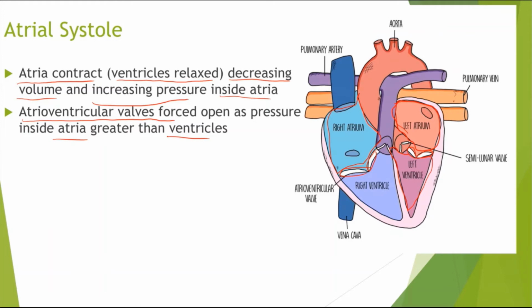So because the pressure is greater in the atria than the ventricles, it causes the atrioventricular valves to be open, and this means that the blood will be pushed into the ventricles. Because this is open, the blood will now start to go into the left and the right ventricle.